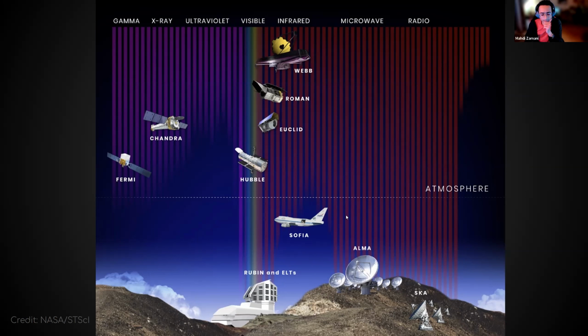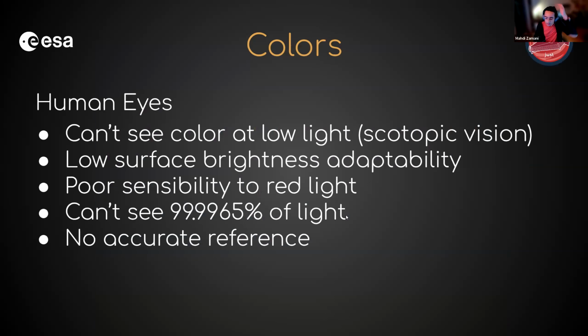So, but okay, then what can the human eye really see? That's actually kind of important in most of the conversations I ended up having with people asking me, what are these colors all about?